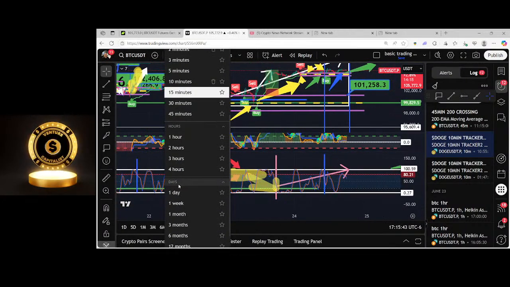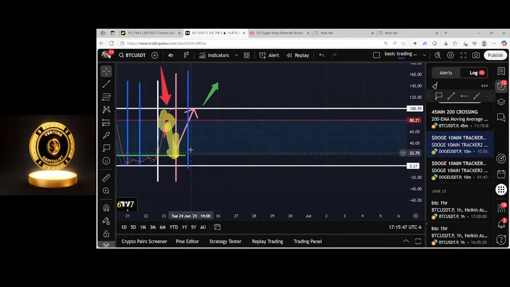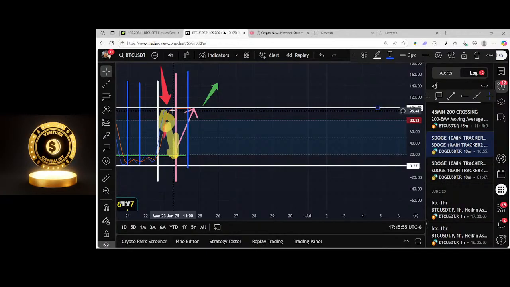So let's go back to the 4 hour. You can see the 4 hour RSI is literally pinned to the top of the 100 channel. You see it up there? It's been up there since Monday, so all day yesterday and today. So that's a long time, right? So eventually it needs to relieve that pressure.